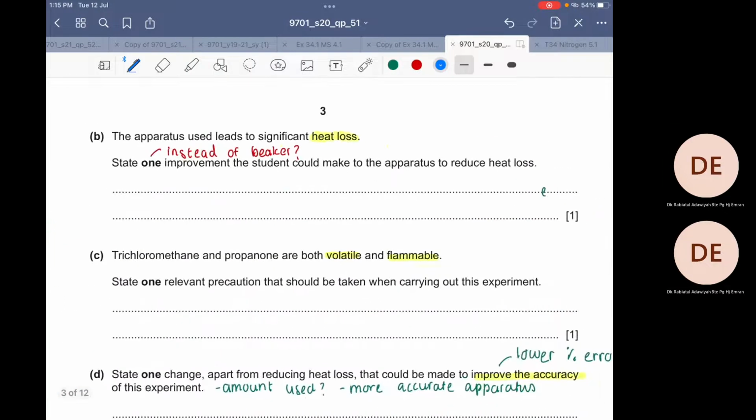When carrying out an experiment that involves heat, temperature, what do you usually use in the lab? The polystyrene cup. So you can use polystyrene cup or styrofoam cup instead of glass beaker.